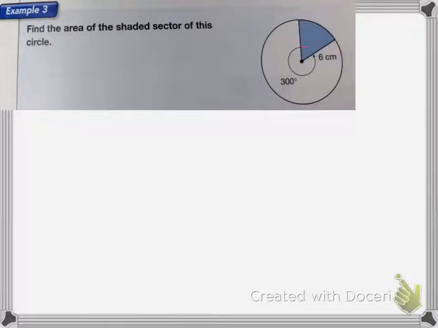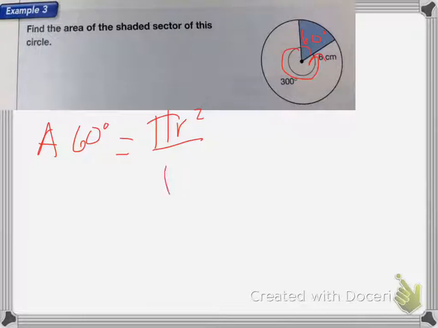So this part in here would have to be 60 degrees because the outside was 300 and the entire thing has to be 360. So my area of that 60-degree sector has to be pi r squared divided by 6, because 60 degrees is equal to 1/6 of my circle.